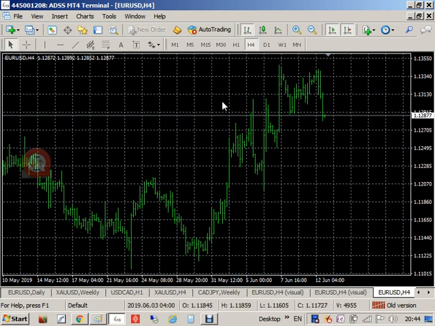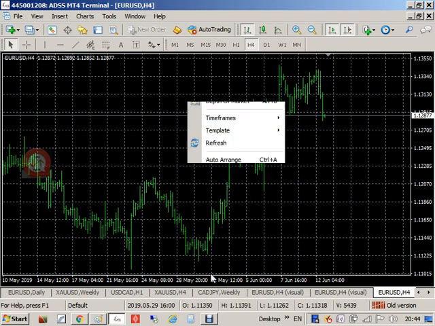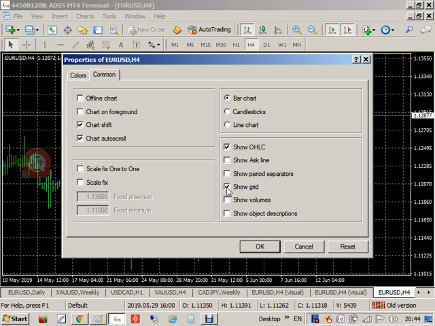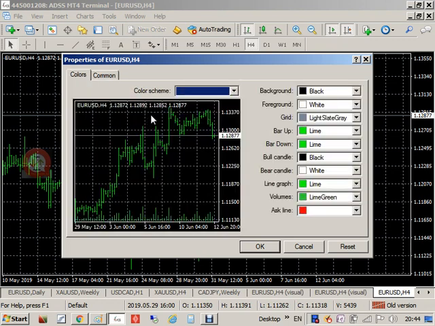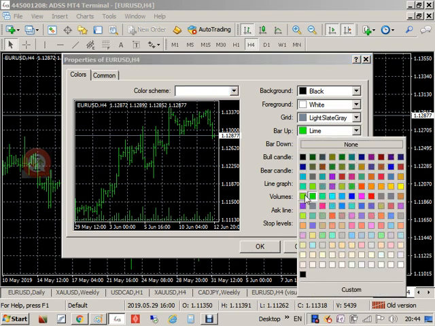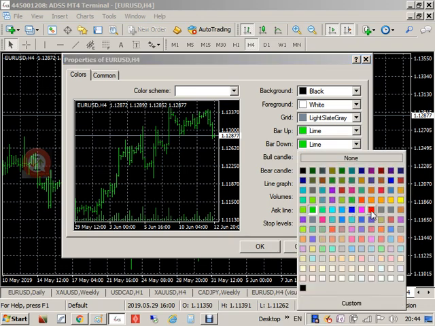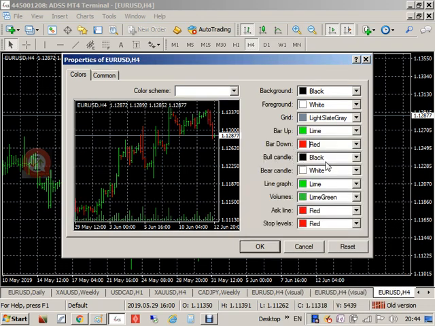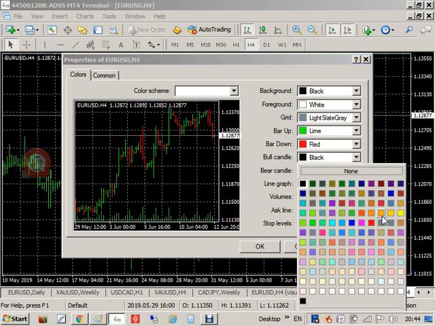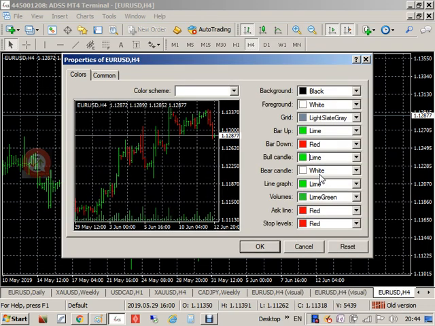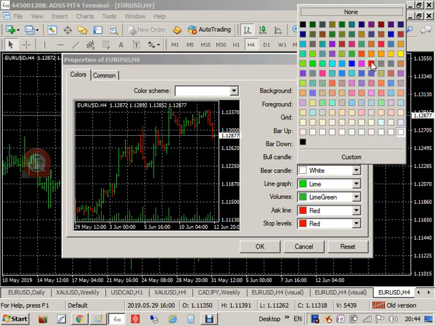So we go to the properties, and we take the grid away, and we go to the colors, make the up bar green as it is, bar down red, bull candle which is up, we have to go green, and bear candle should be red.